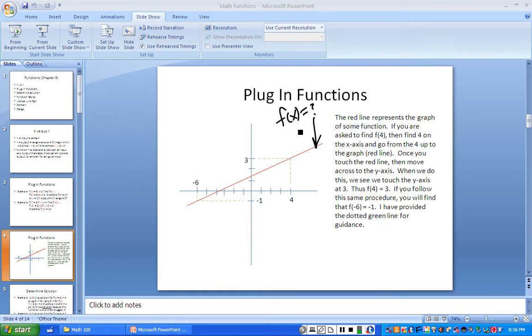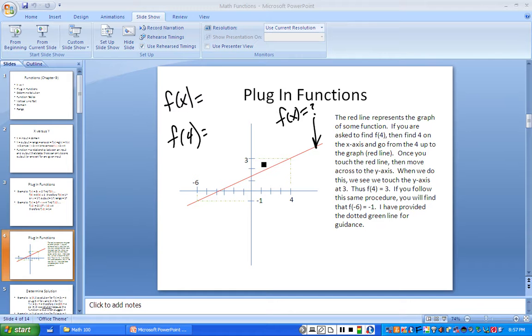And what we want to know is, okay, what is f of 4? So now instead of saying f of x equals the red line, because the red line is our function, now we want to know what is f of 4 equal to.